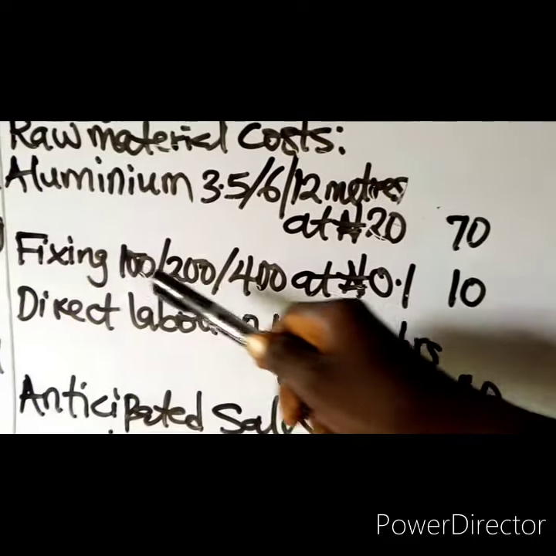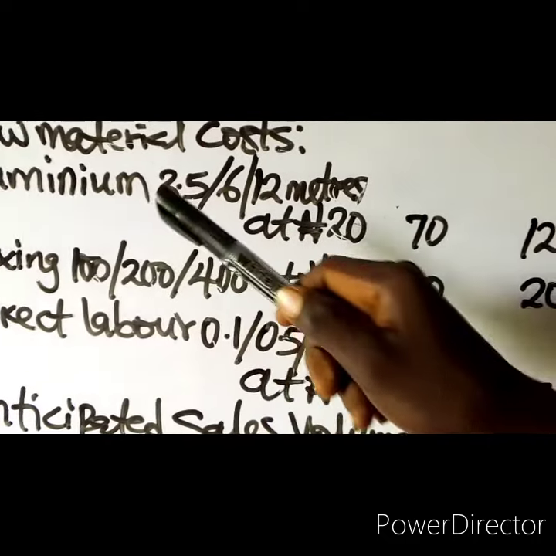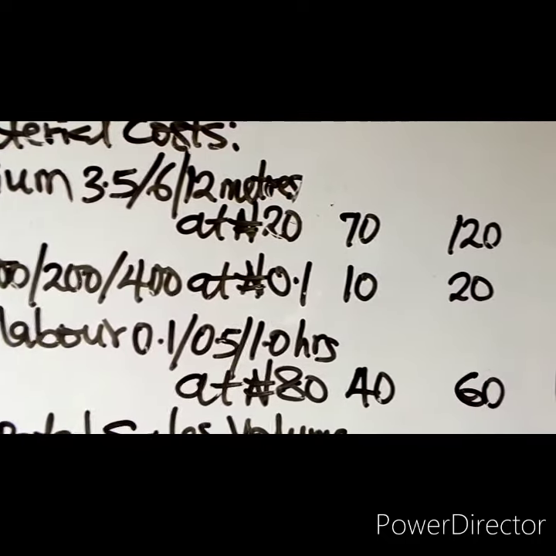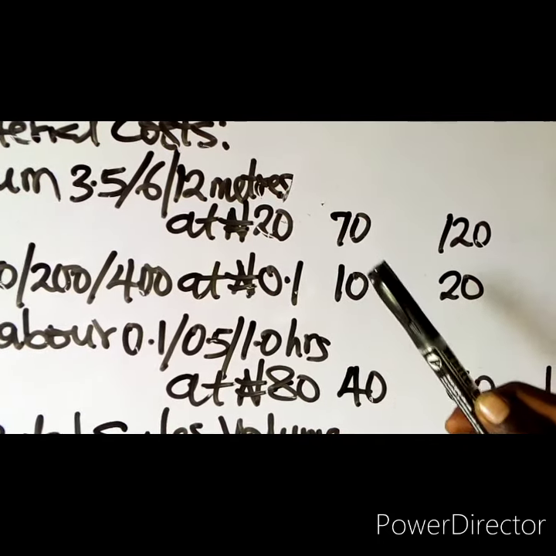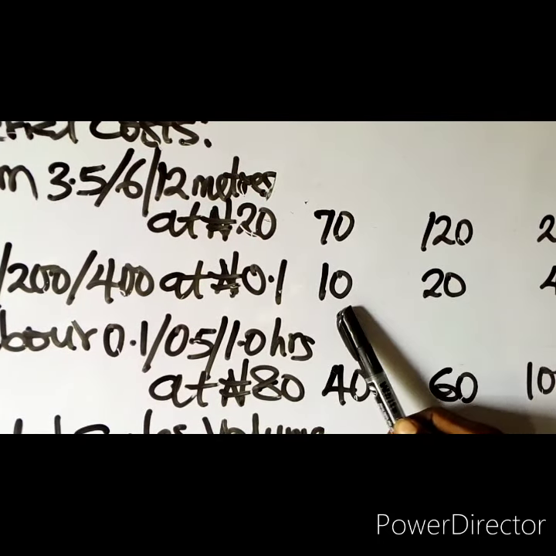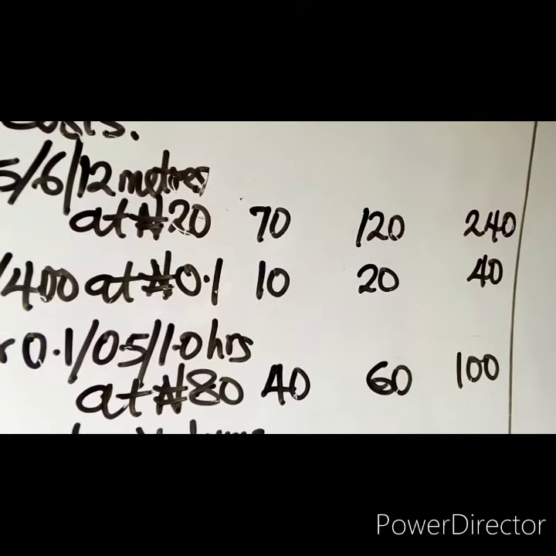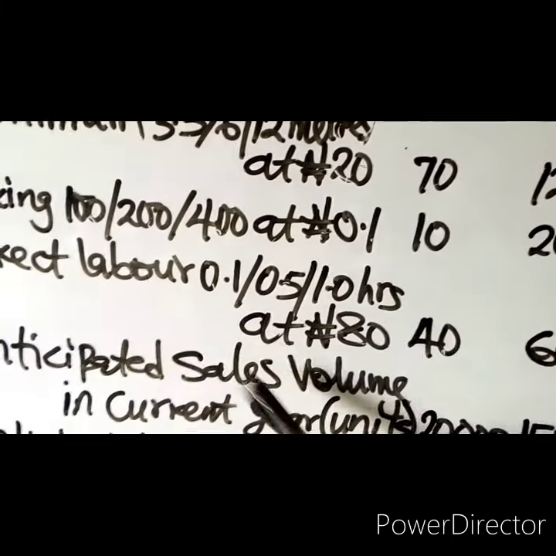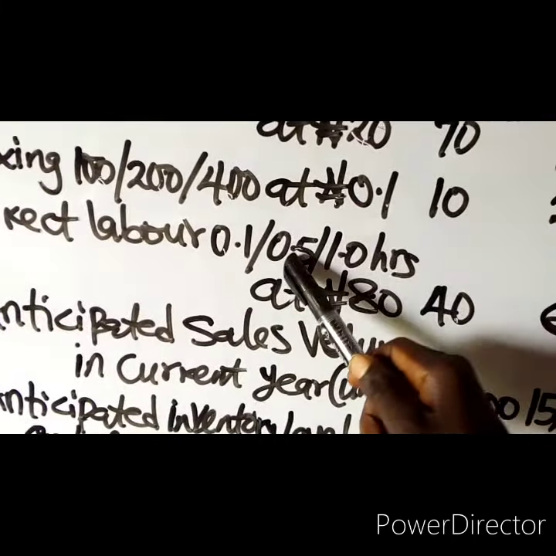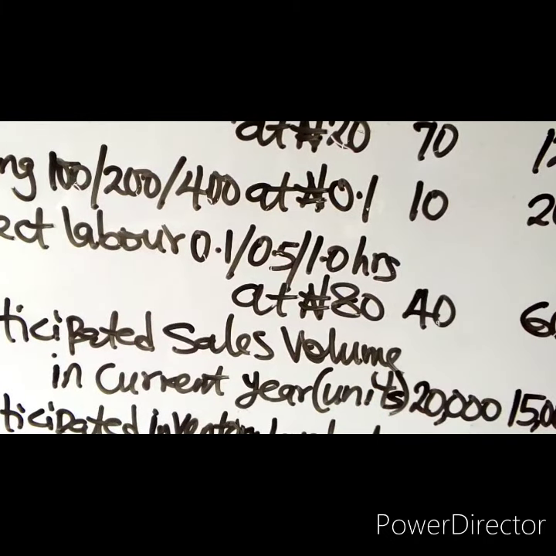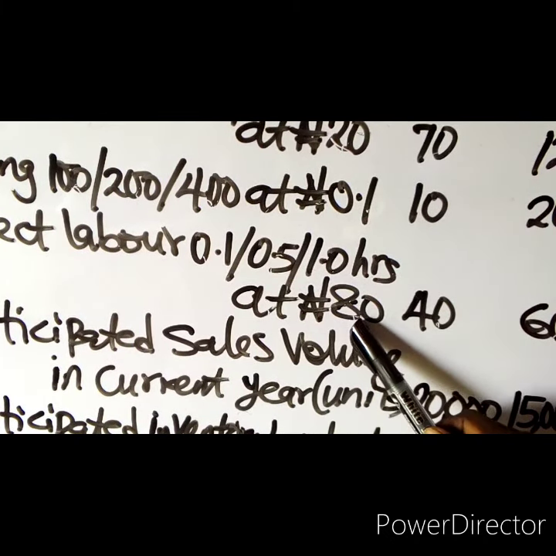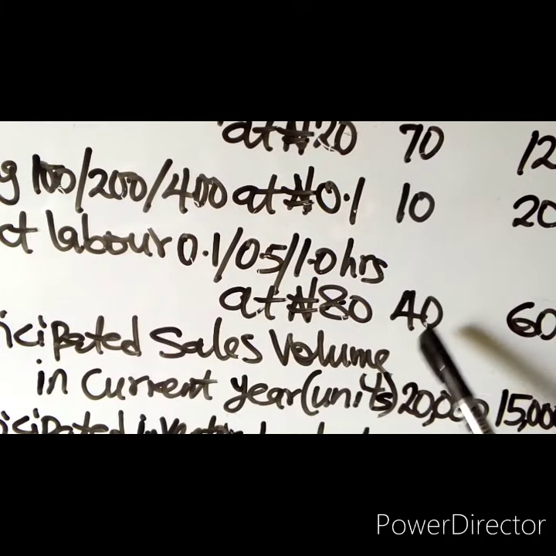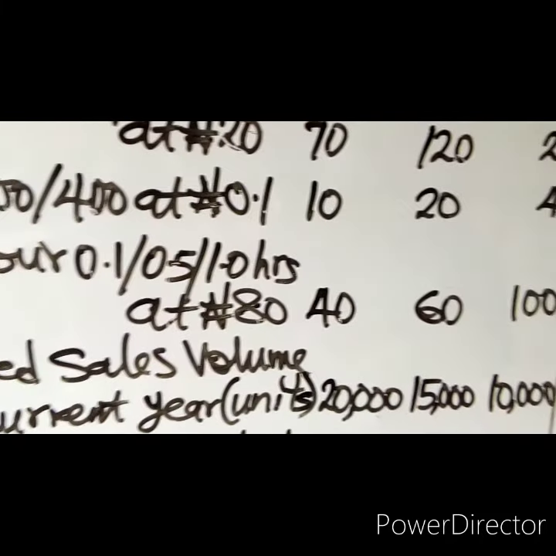Fixing: 100, 200 and 400 units at 0.1, giving a standard cost of 10, 20 and 40. Direct labor: 0.1, 0.5 and 1 hours at 80 naira per hour, giving a standard cost of 40, 60 and 100.